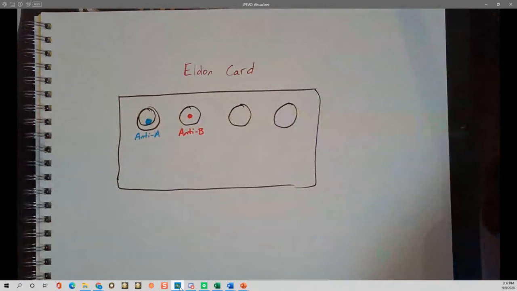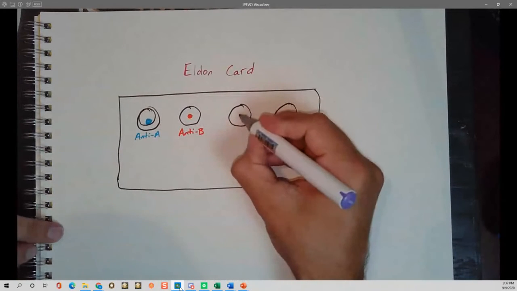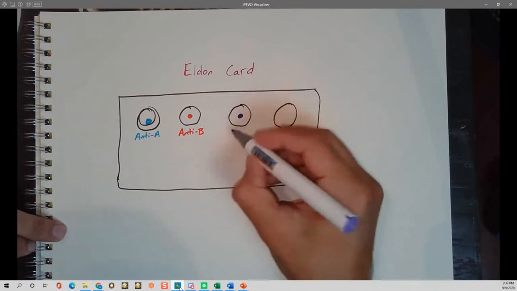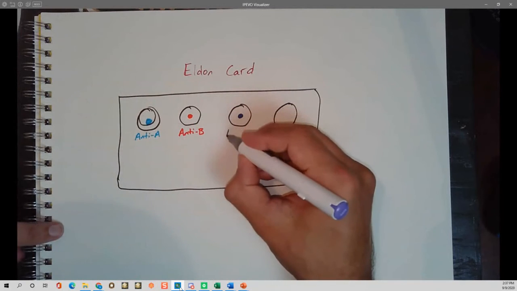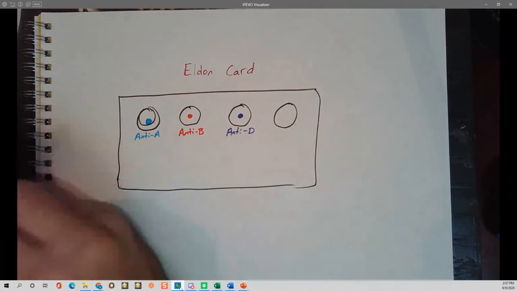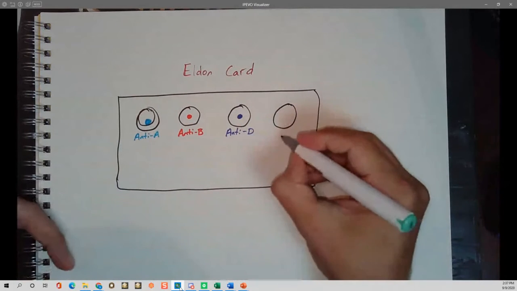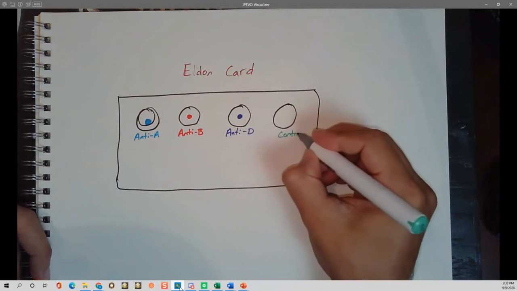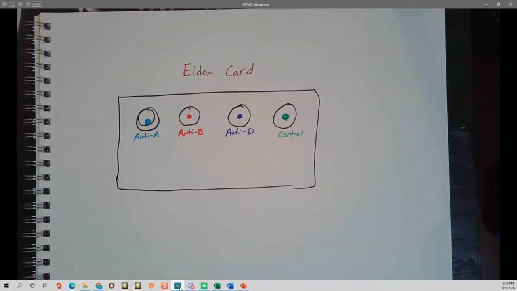Inside of the next circle, these aren't the right colors, I don't remember what the colors on the cards actually are, so whatever. This is going to be anti-D. And the last one is called a control. So there's no antibodies whatsoever here, control. So there'll be just a little dot of colored, basically dyed water, but it's a control.